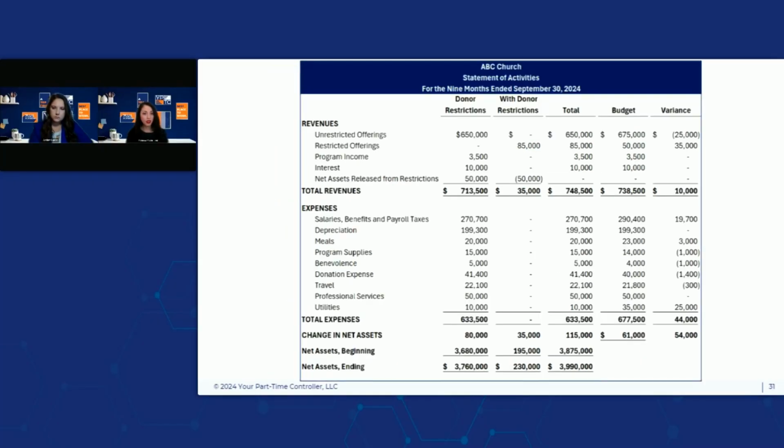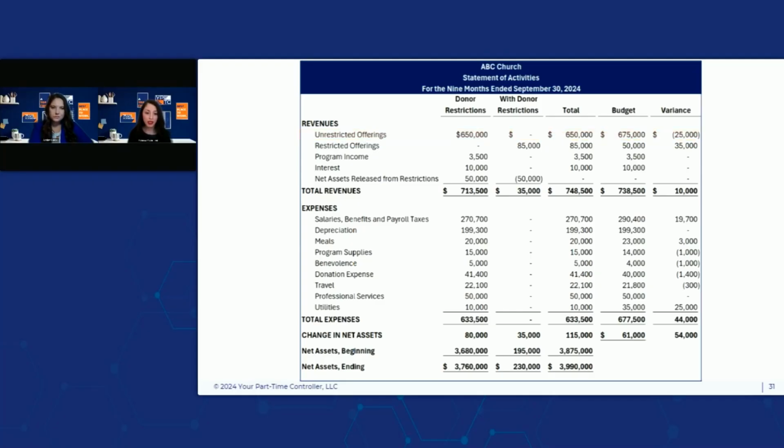All right, so here in the statement of activities, we wanted to point out a few things of information that we think is key. So in looking at the unrestricted offerings or donations or pledges of your organization, they have 650,000, but in comparison to budget, with this particular example, they have fallen short of their budgeted projections of 675,000.